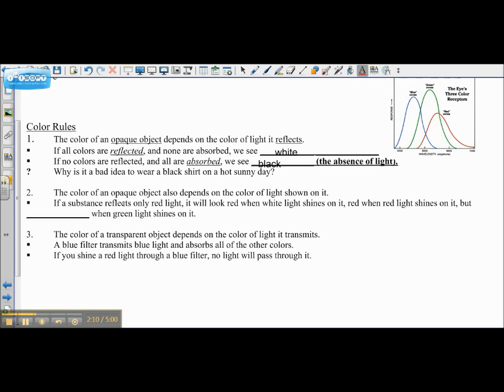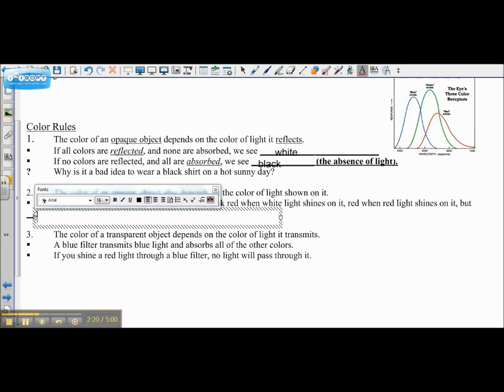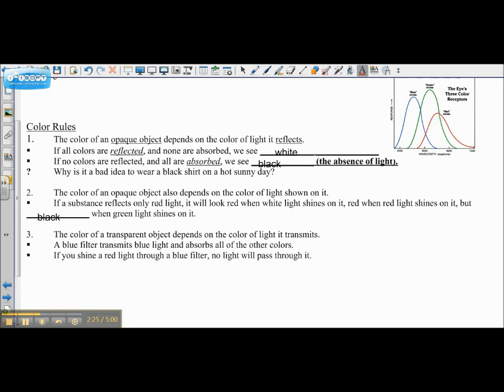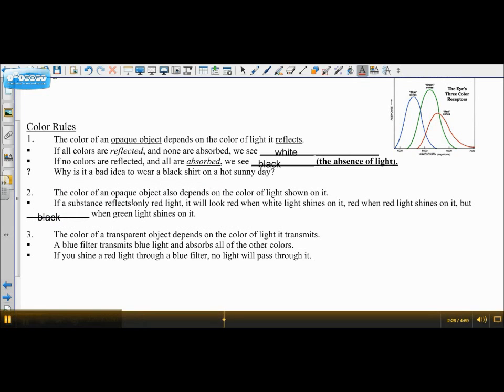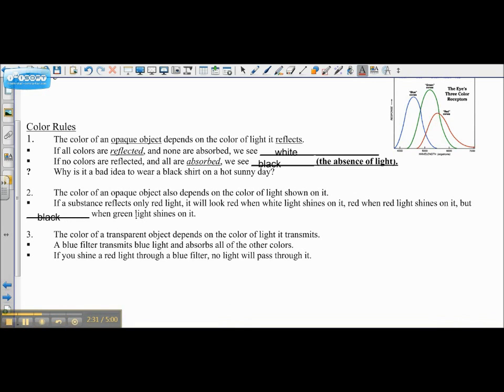But if instead we have a green light, so for some reason we had a green light instead of a red light, red does not reflect green. It absorbs green, and so we'll see black, because the red pigment will absorb green light. This is the other way that color is in the eye of the beholder. It matters what your eyes are, and it matters what light you have.